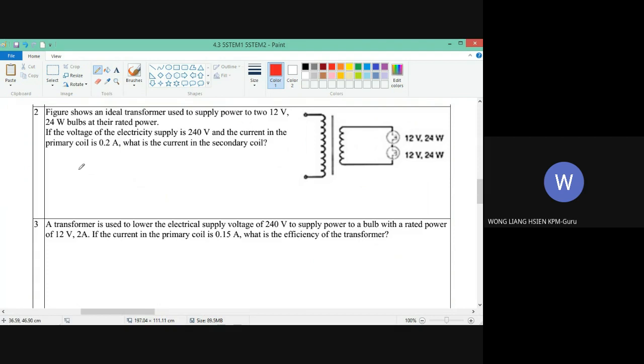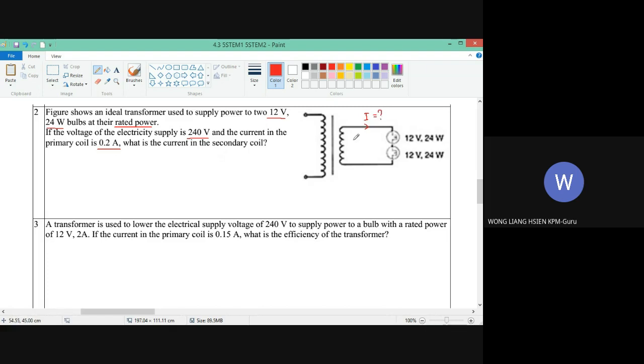The figure shows an ideal transformer used to supply power to two 12-volt, 24-watt bulbs at their rated power. If the voltage of the electricity supply is 240 volt and the current in the primary coil is 0.2 ampere, what is the current in the secondary coil? So they want us to find out the current in the secondary.